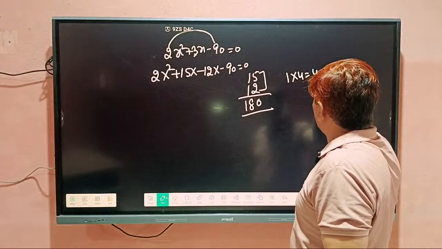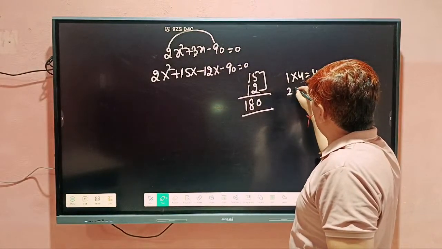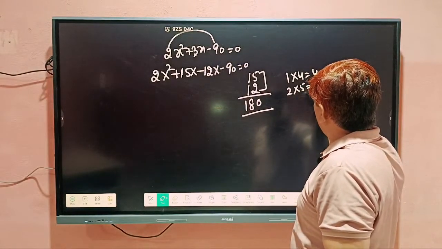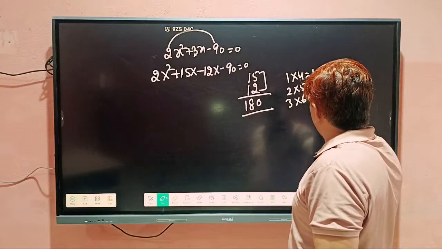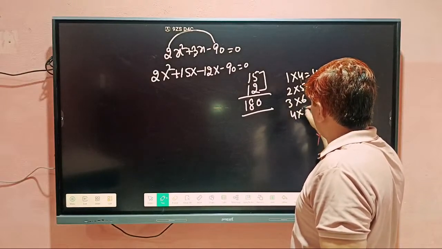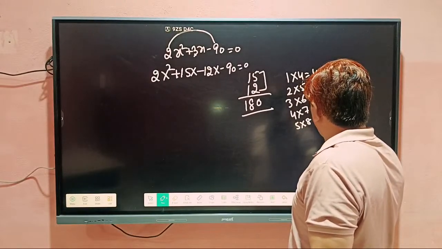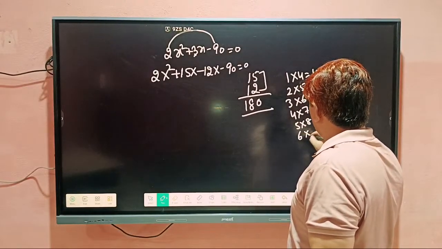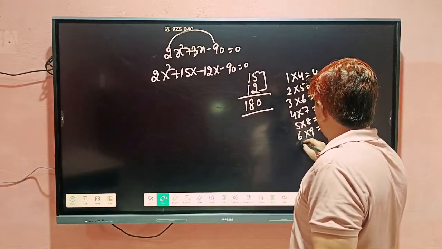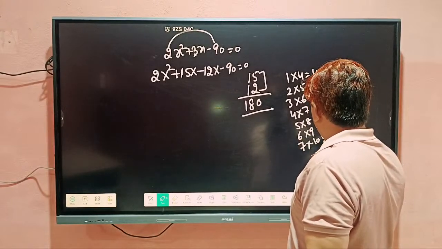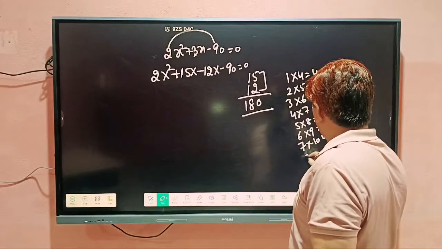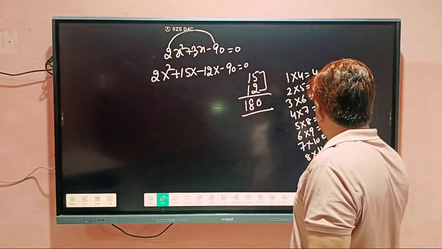What's the multiplication? 4. Then 2, 5, 10; 3, 6, 18; 4, 7, 28; 5, 8, 40; 6, 9, 54; 7, 10, 70; 8, 11, 88.